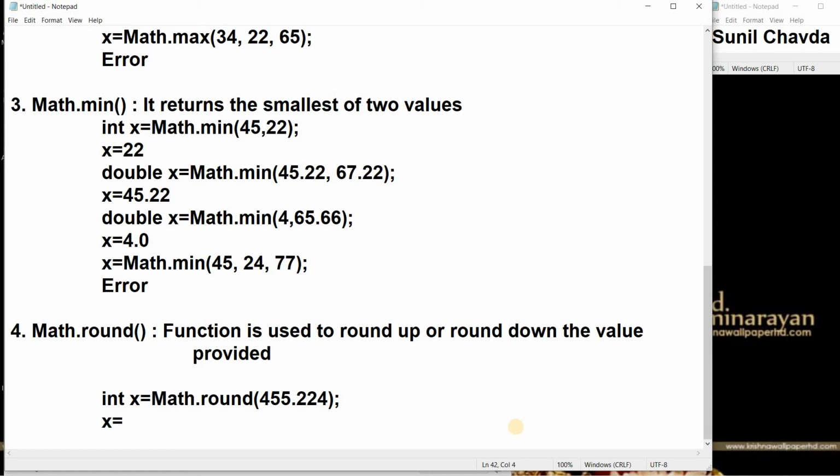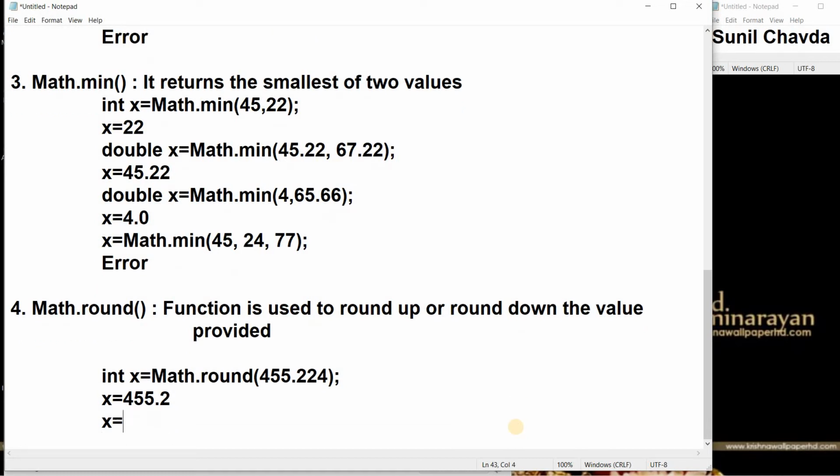Now what will be the answer here? The first step Math.round does is remove all the decimals except the first decimal. So if this is the number, it will remove the remaining decimals. Only one decimal it will keep. That is the first step. Then in the second step, if the number after the decimal is 5 or greater than 5, then it will increase the mantissa.